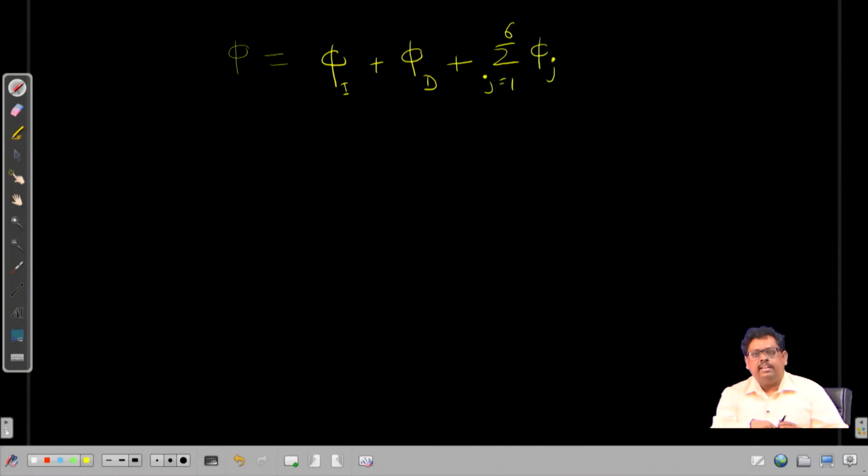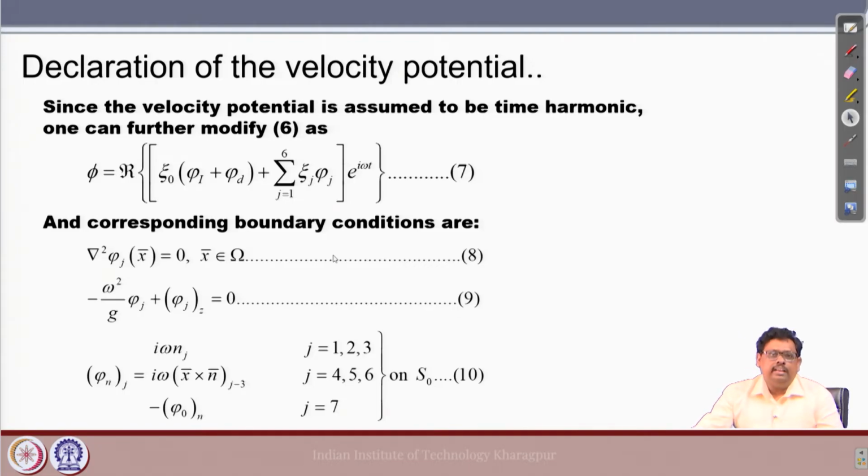So, that is what we have discussed in the last class. However, if we come back here, now I can see that it is there of course, but we are actually multiplying with this xi 0 and xi j, right. So, what is the need for that? So, first let us understand these things.